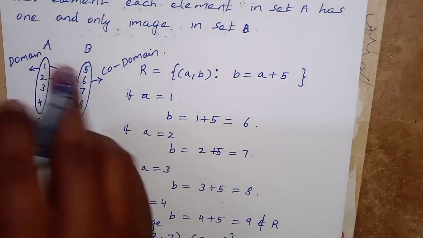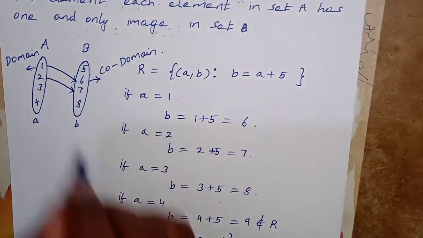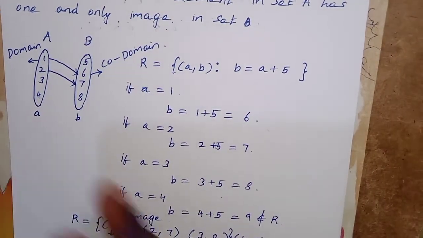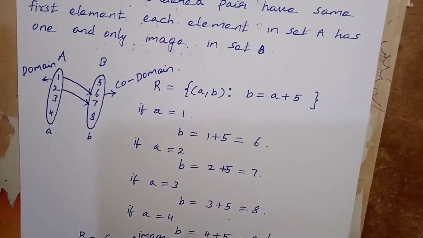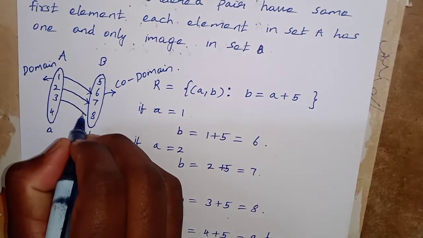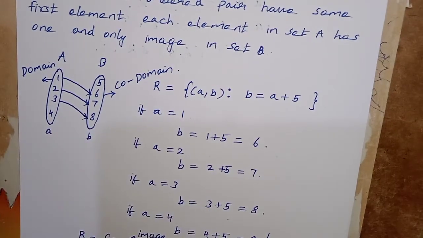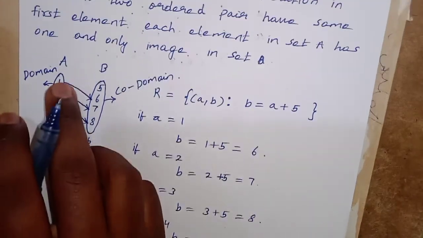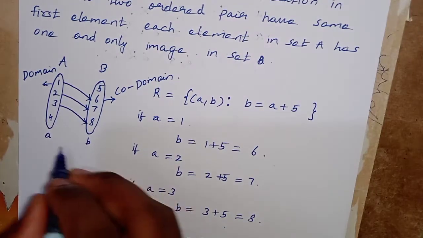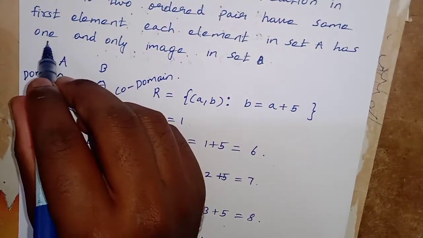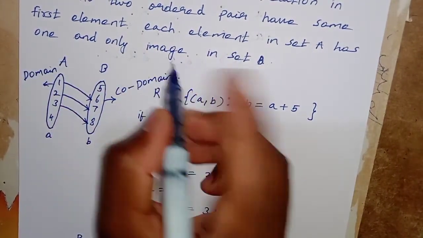This is known as an arrow diagram. Next 3 comma 8, therefore 3 is related to 8. Every element in set A has one and only one image.